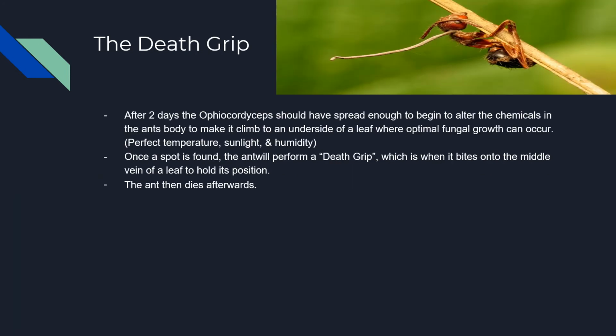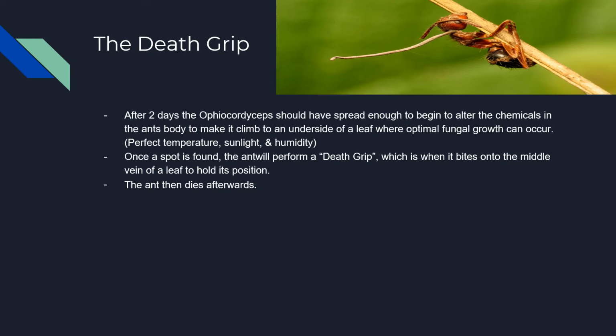All right, so now we're going to talk about step 2, which is called the death grip. After 2 days, the Ophiocordyceps should have spread enough through the ant to begin to alter the chemicals that will make the ant want to leave its colony and climb to the underside of a leaf where optimal fungal growth can occur. Somewhere that's going to have the perfect amount of sunlight, the right temperature, and the right amount of humidity.